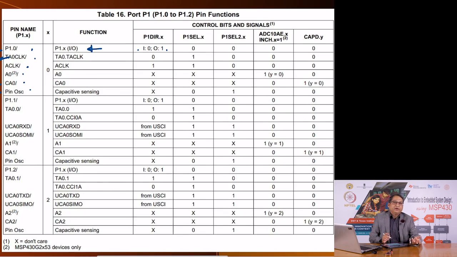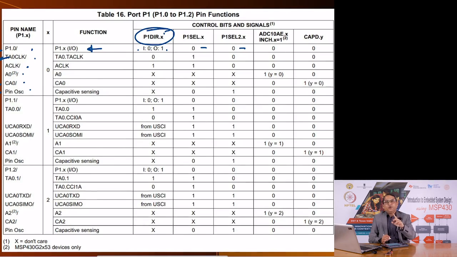This will decide whether it becomes input or output, but for it to become an input output pin, you have to write a 0 into the select register and another 0 into the select 2 register in the appropriate bit.